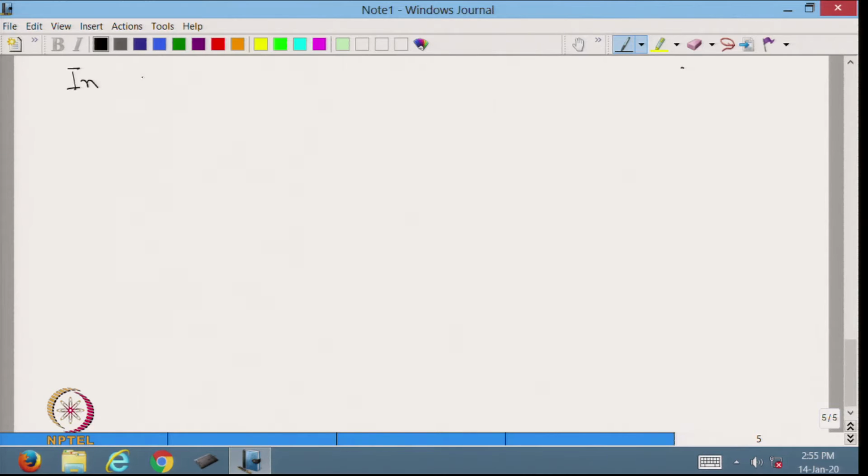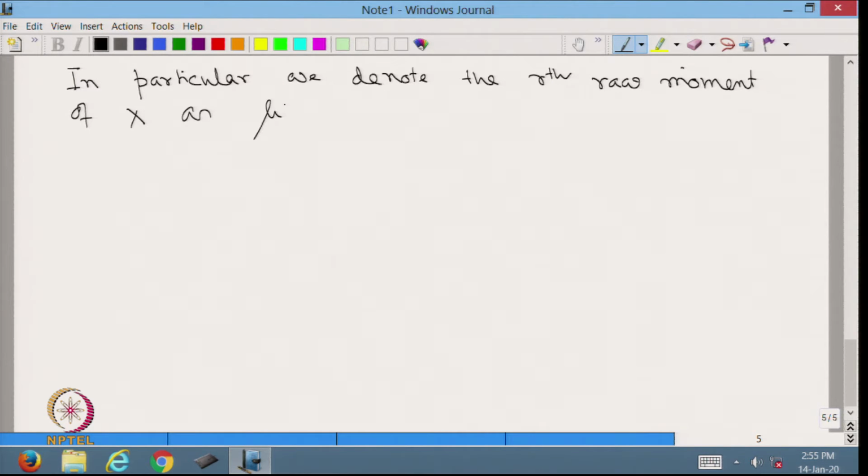In particular, we denote the rth raw moment of x as mu prime r and the rth central moment as mu r.